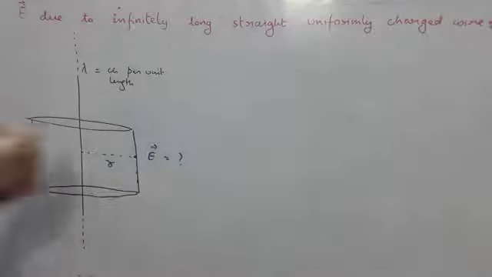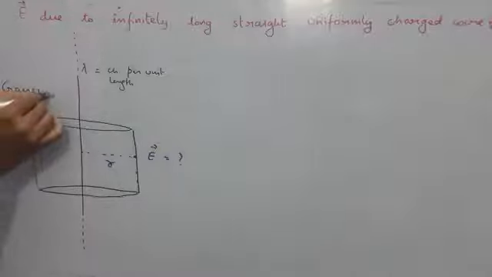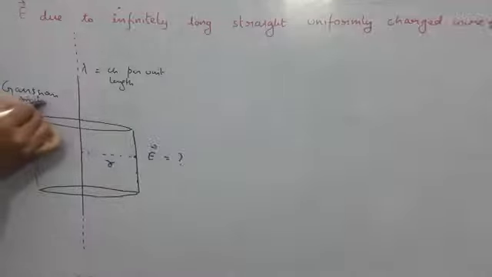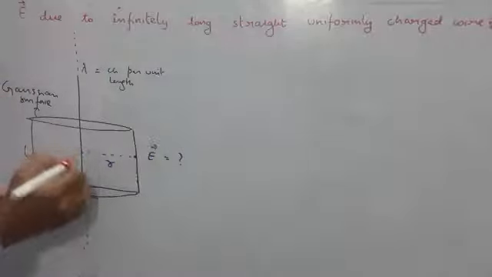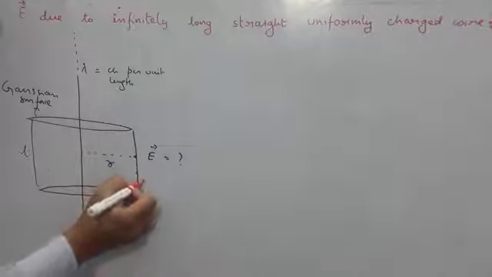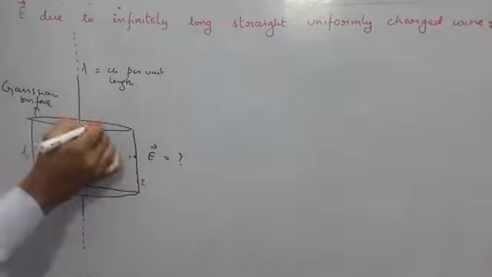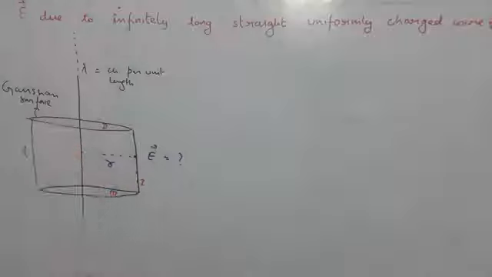The radius of this cylinder, you can see, is r, let its length be L. This kind of surface which you imagine is called a Gaussian surface. This Gaussian surface we have chosen in the form of a cylinder. This cylindrical surface, like the previous question, we will divide into three parts. The curved part we'll take as part 1, the top part as part 2, and this surface as surface 3.